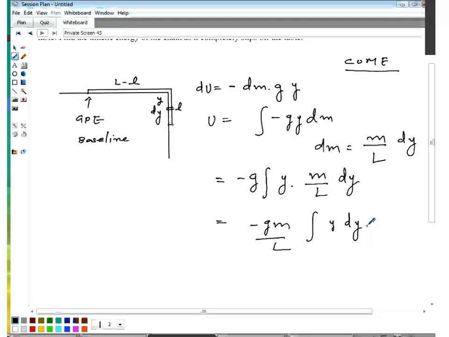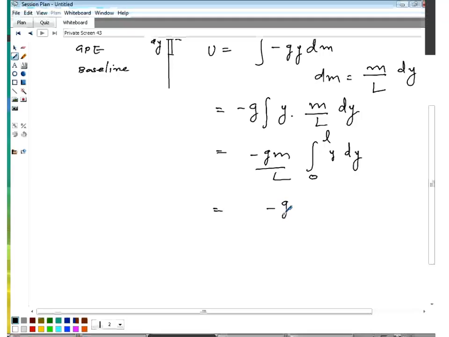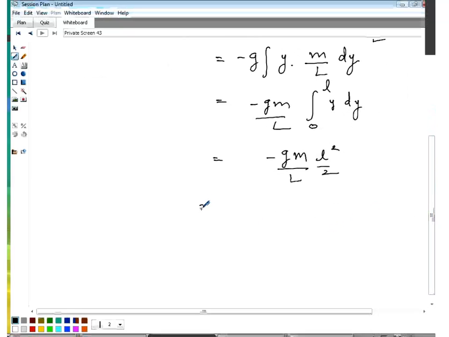Integral y dy, y goes from 0 to L. So we have minus g M by L, L square by 2, minus mg L square by 2L.